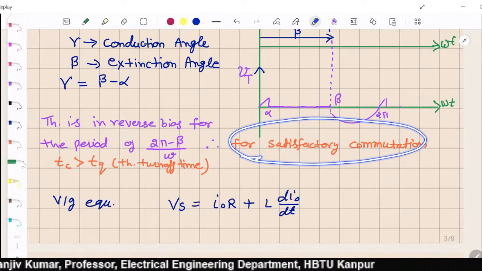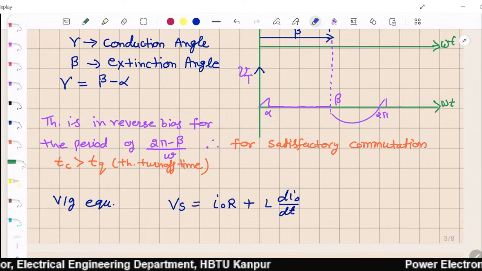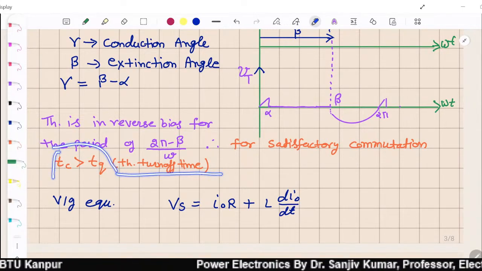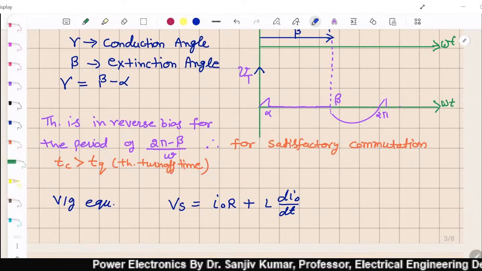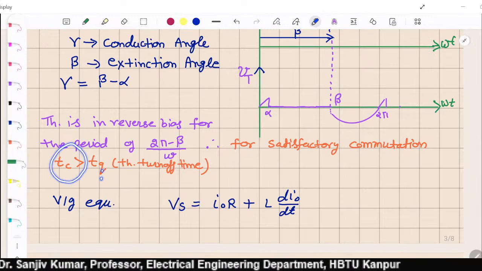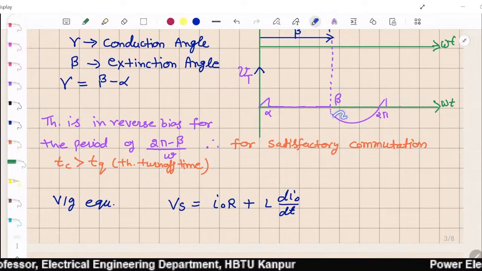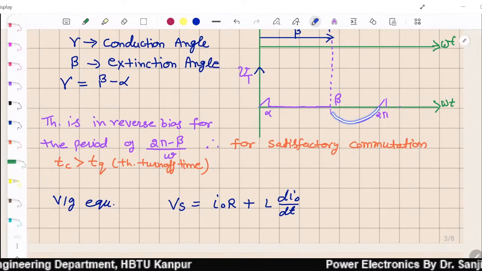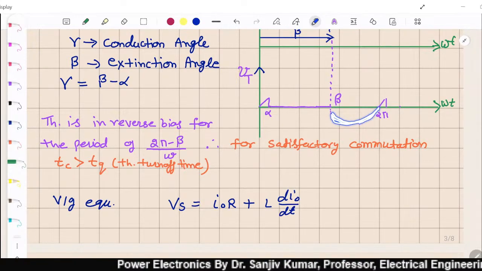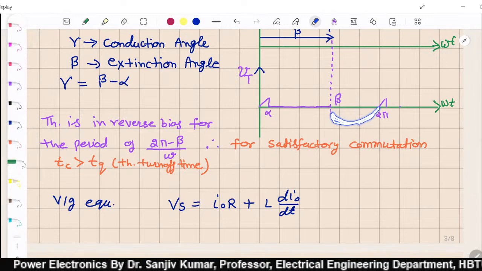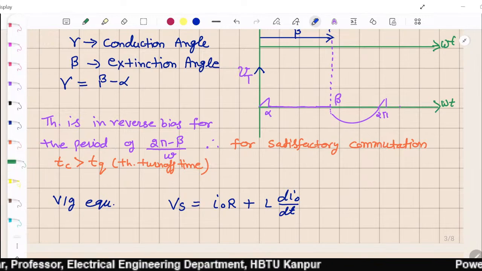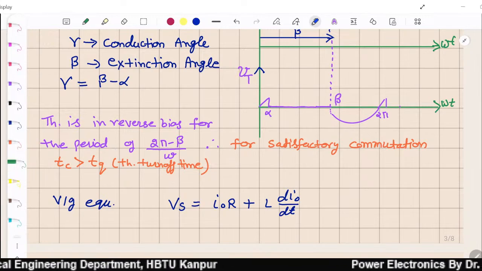It means our thyristor turn off time must be less than the circuit time during which the thyristor was in reverse bias, for successful commutation.